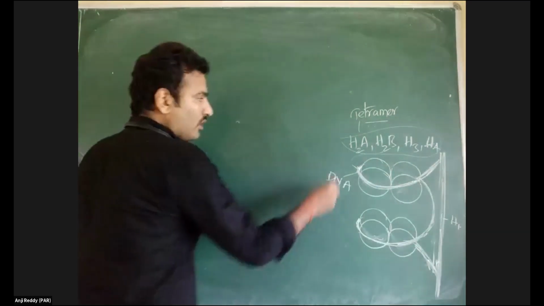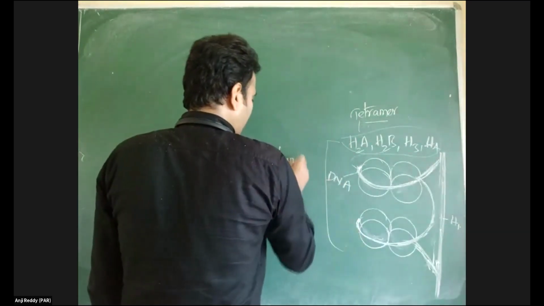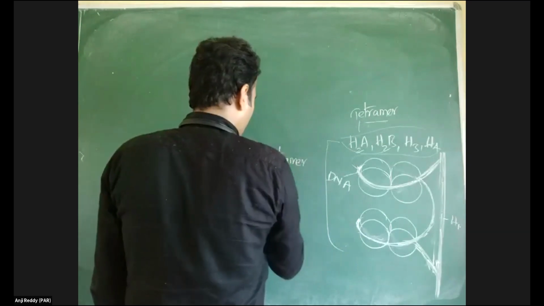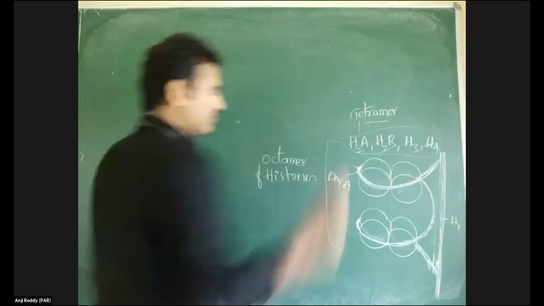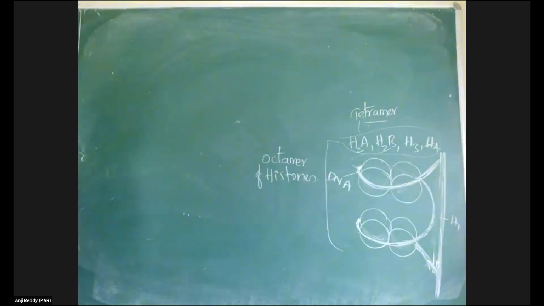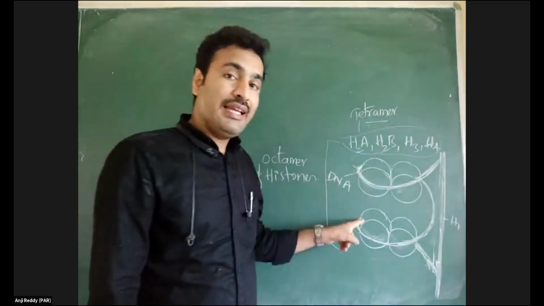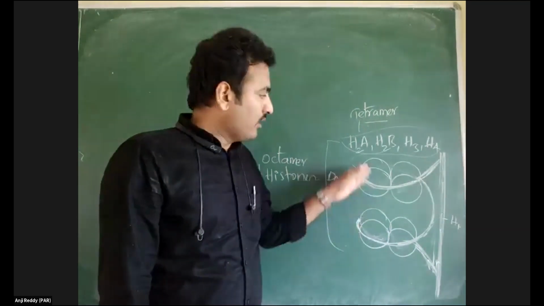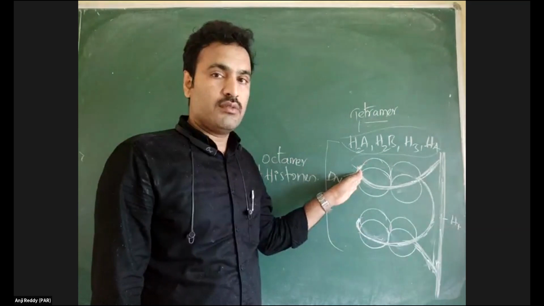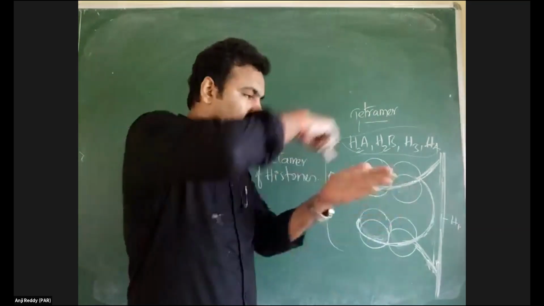So totally, this nucleosome is an octamer of histones. 2 tetramers are attached, and there is presence of totally 8 histone proteins, so it is called an octamer.